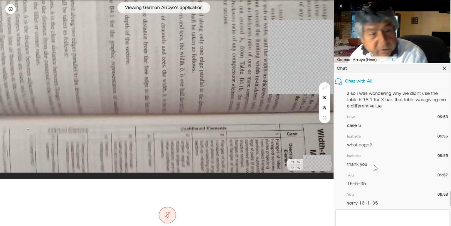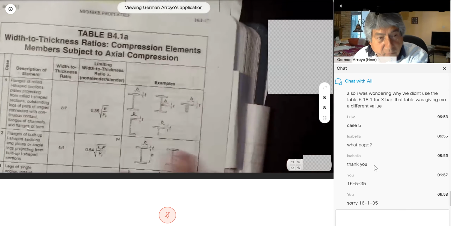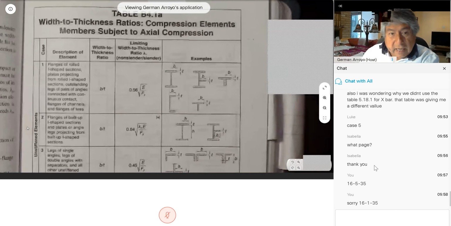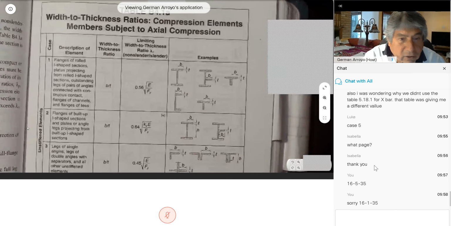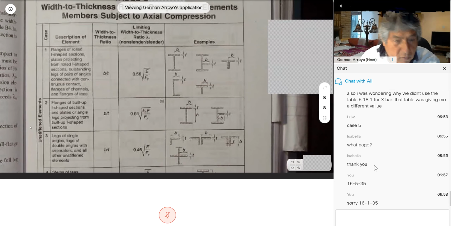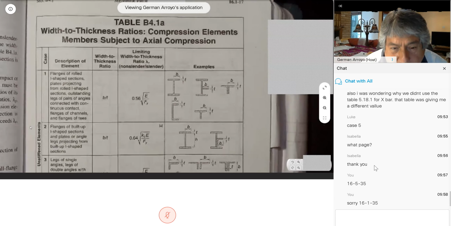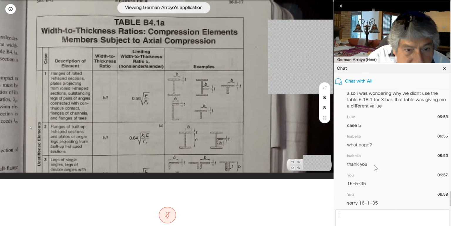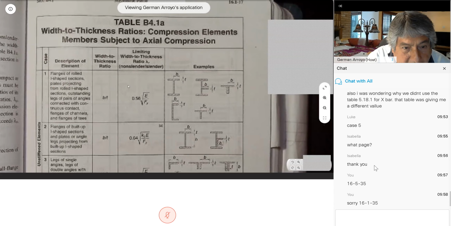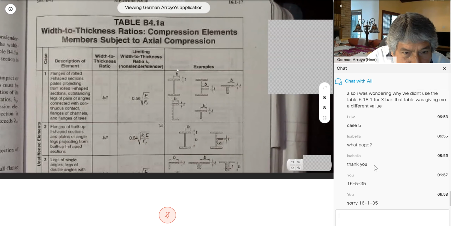So for this table, for instance, if you look at the case here on the top, this is a hot roll because they also have built up. But here we had a hot roll. Look, b over t, the width to thickness ratio, you're going to see that this is the width of the flange divided by 2.